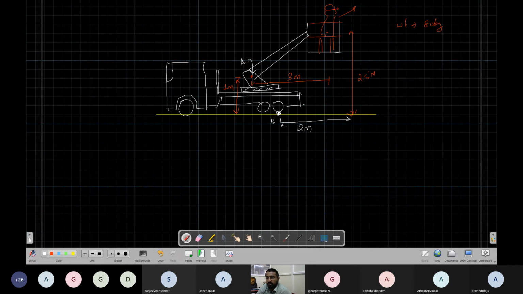So find the moment due to the weight of the person.